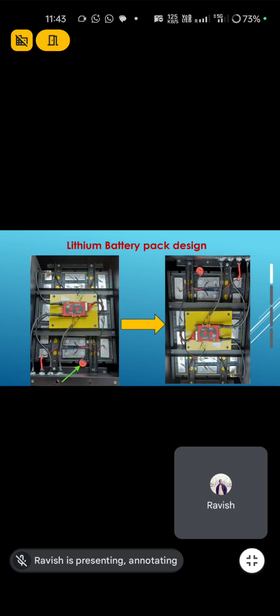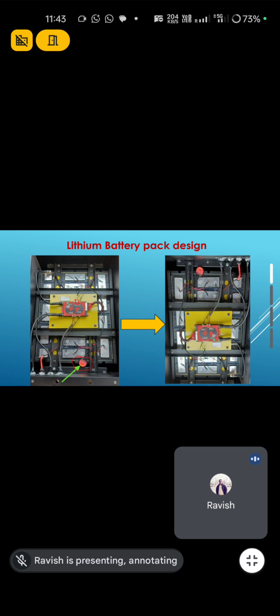This one is a Bluetooth. If your Bluetooth serial number is not showing in your application, it means the BMS is not supplying the 3 volt for the Bluetooth. There are 2 ports for the Bluetooth, and the display port is the same port.